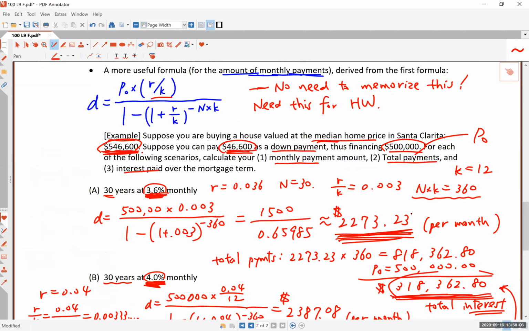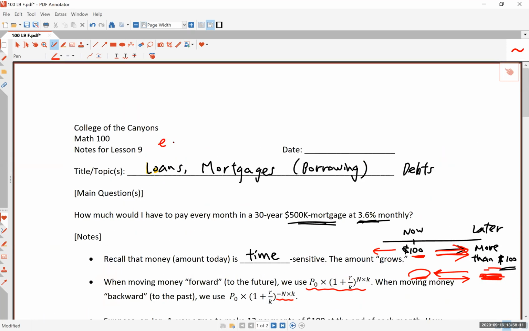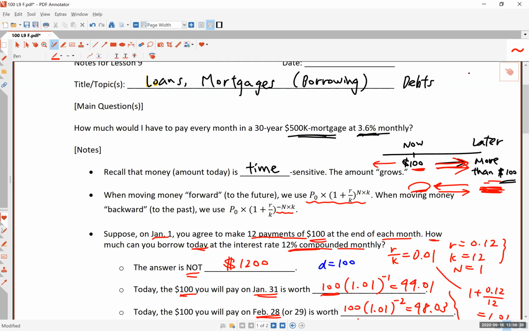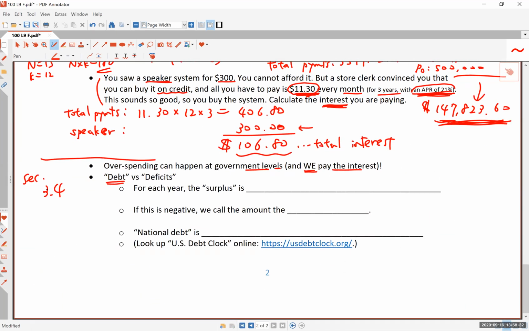I should have told you that this entire lesson is actually in section 3.2, and only the second half, because 3.2 has both the savings, the annuities, and the borrowing, which is mortgages and loans. So this is the second half of section 2 in chapter 3, except for this last part about the national debts and so on.